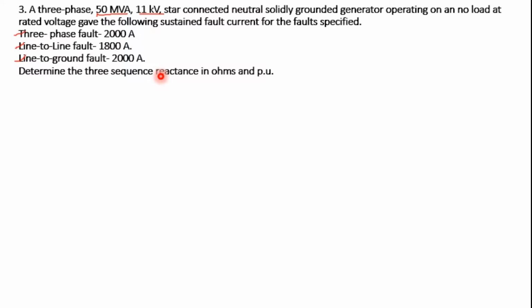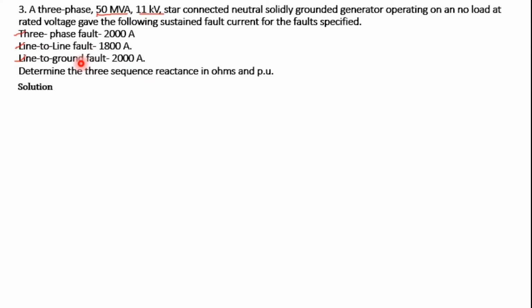Before solving this problem, we should remember the expressions for the fault current for the three-phase fault, line to line fault, double line to ground fault and single line to ground fault. You should also imagine the sequence interconnection diagram for these faults.